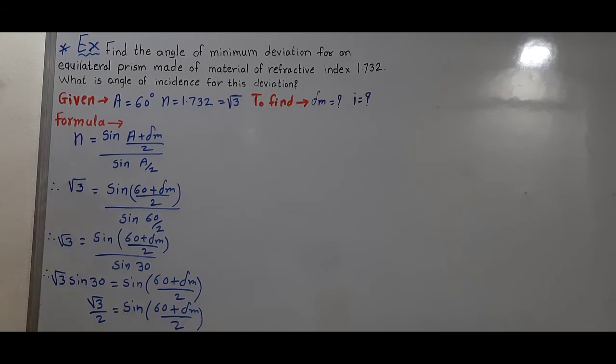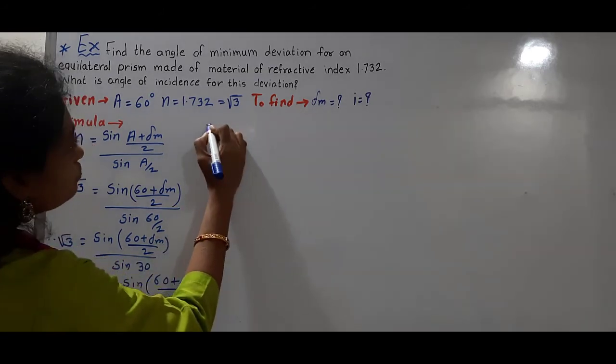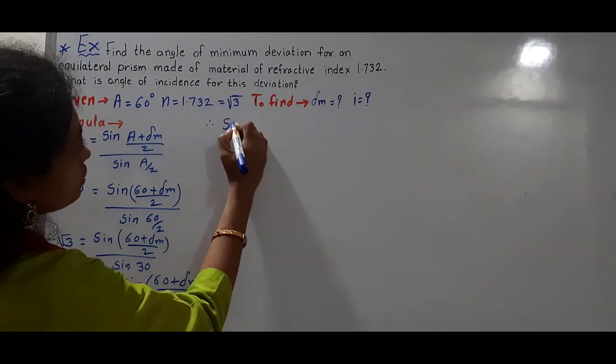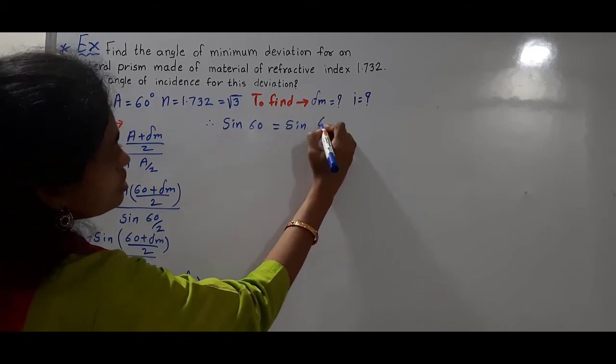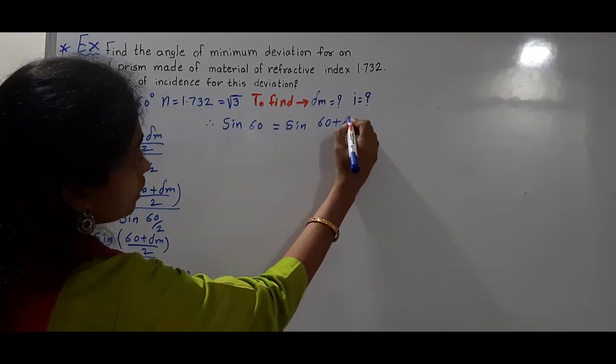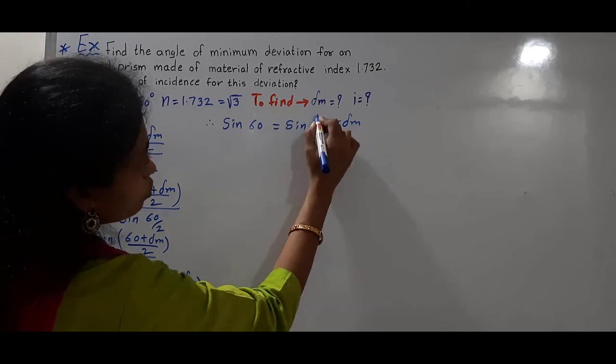We have to find out the value of this, sine of (60 plus delta m) upon 2. And what is this root 3 by 2? Root 3 by 2 is the value of sine 60 degree. Therefore, we will write sine 60 degree is equal to sine of (60 plus delta m) divided by 2.